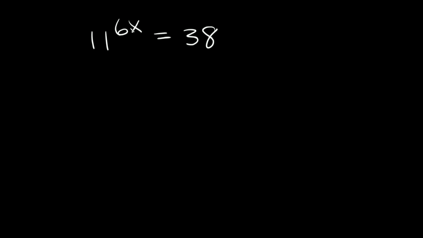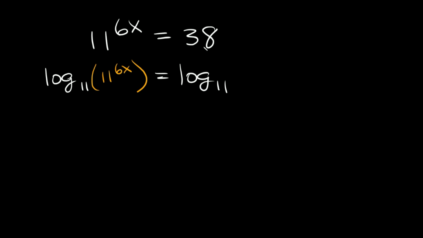Okay, here we have 11 raised to the 6x is equal to 38, right? So again, our x, the variable, is in the exponent, right? So we need to get rid of this 11. And again, the way that you do that is by taking the log base of whatever number this is, 11, of both sides. So we're going to say log base 11 of 11 raised to the 6x, and we're going to say that that's equal to log base 11 of this guy over here, 38, right?